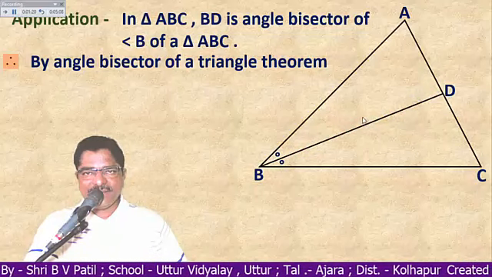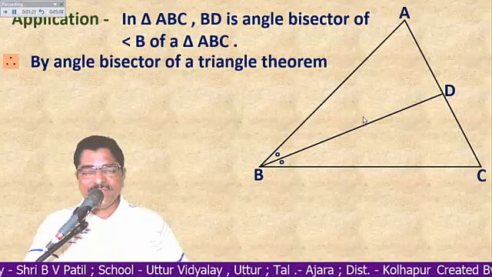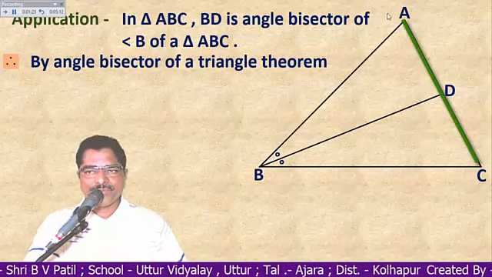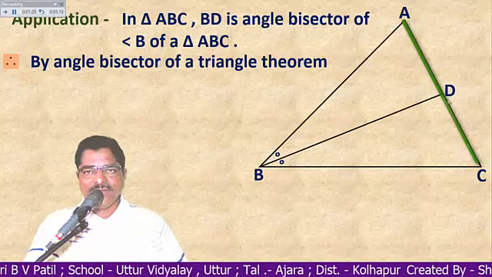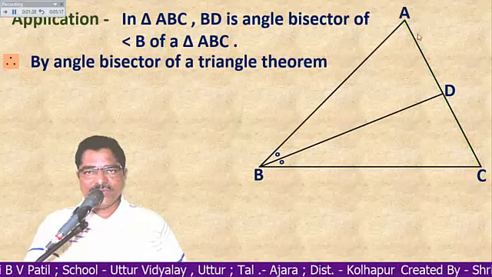That bisector divides side AC in which ratio? AD divided by DC is equal to the ratio of the remaining sides, that is AB and BC.